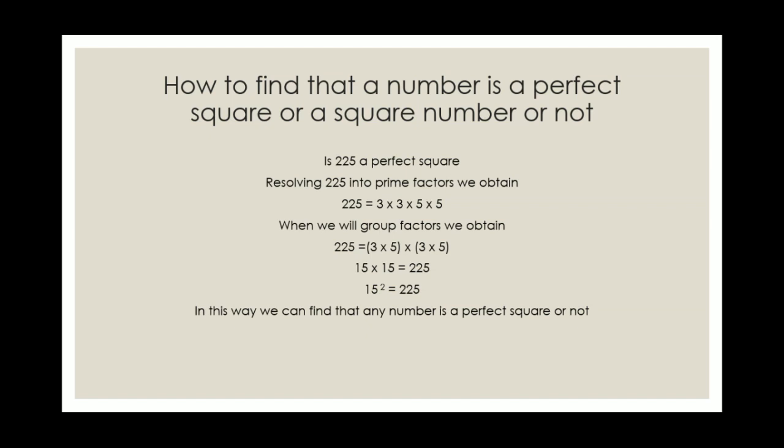When we separate them in groups, we obtain 225 is equal to 3 multiplied by 5 multiplied by 3 multiplied by 5, equal to 15 multiplied by 15, that is 225. We can write 15 multiplied by 15 as 15 square. So in this way we can find whether any number is a perfect square or not.